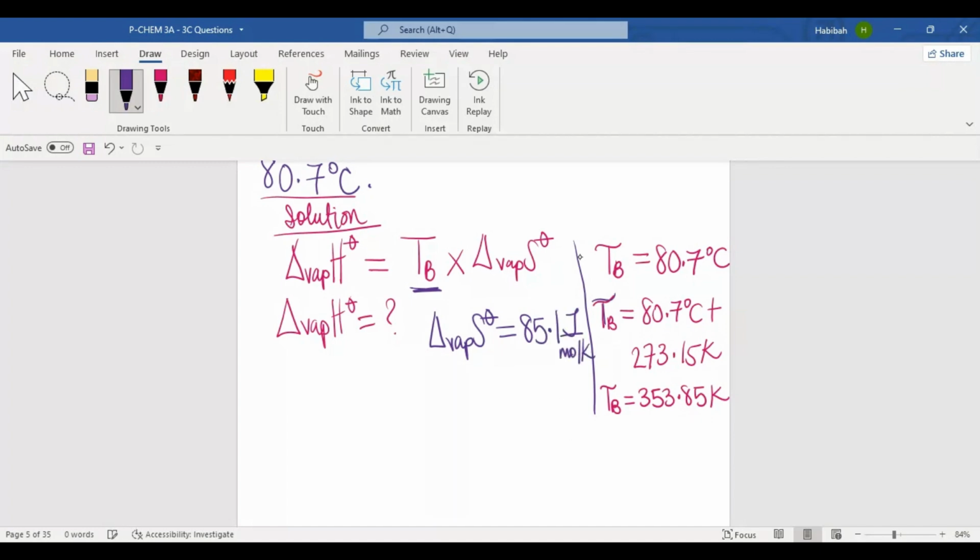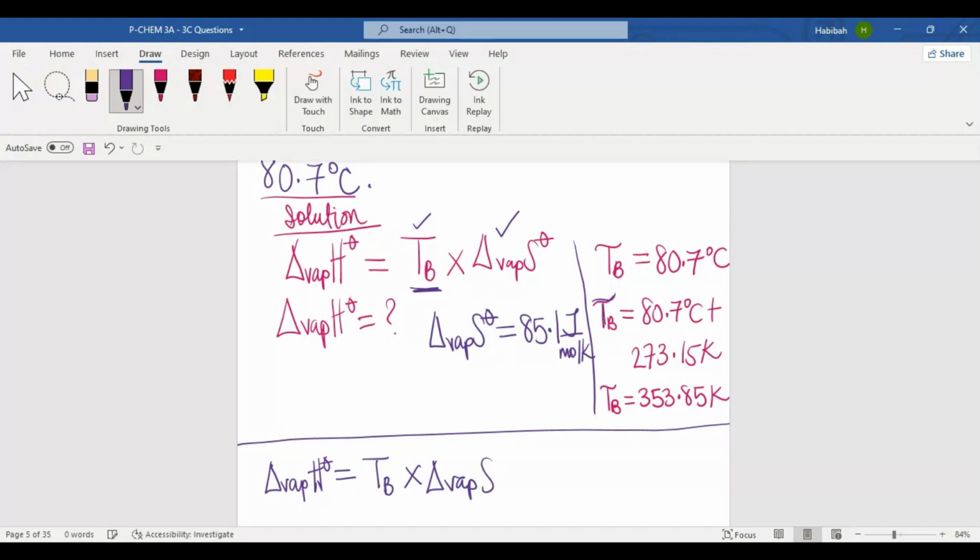So now we have the boiling point temperature and the change in entropy of vaporization, so we can just substitute into this equation. Rewriting the formula and then substituting is what I'm trying to do right here.